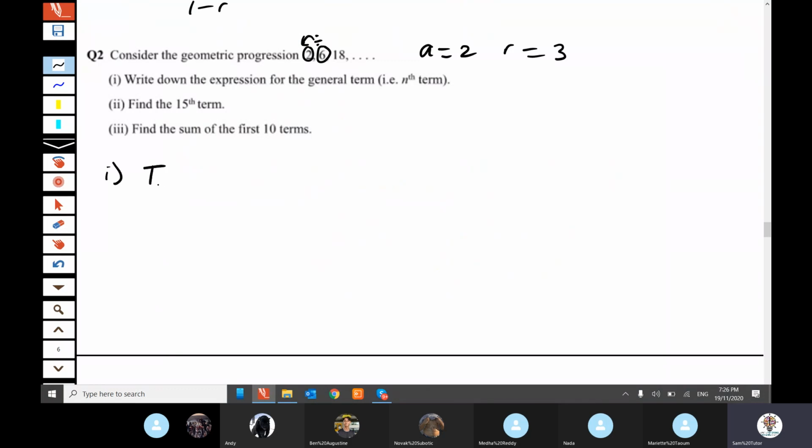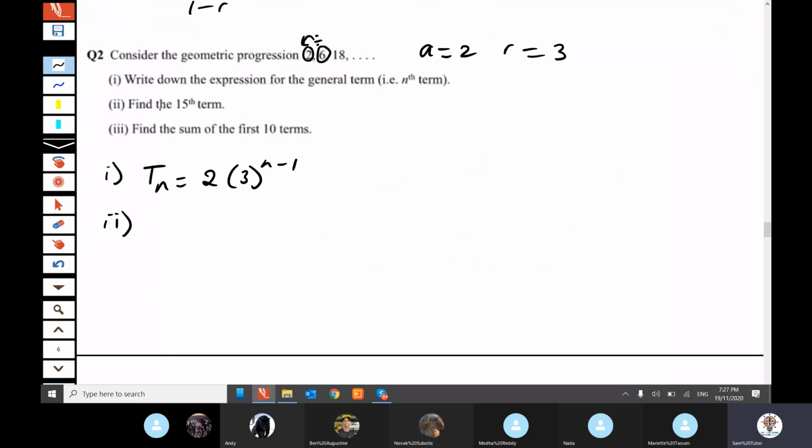So what is T of n equal to? 2, 3 to the n minus 1. 2 times 3 is not 6. That means do not multiply these two just because your I sees it as the times. Don't forget your index laws. Part II.